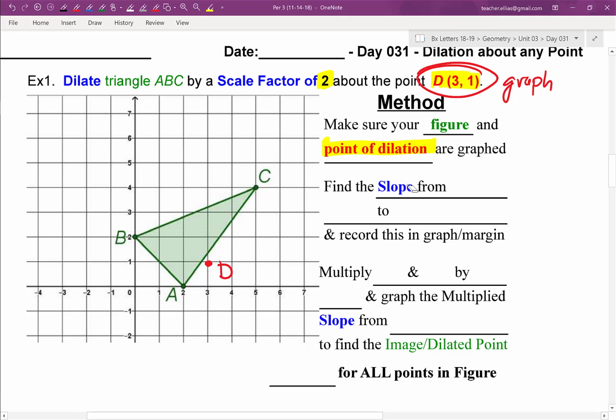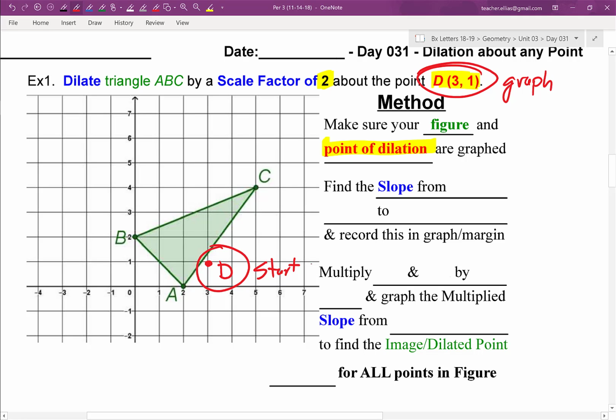So we need to find the slope. Where are we finding slope? Where do we start? Where are we doing the rise? Yeah, we're doing it from the point 3, 1. So we're going to start here, and then where are we going to?